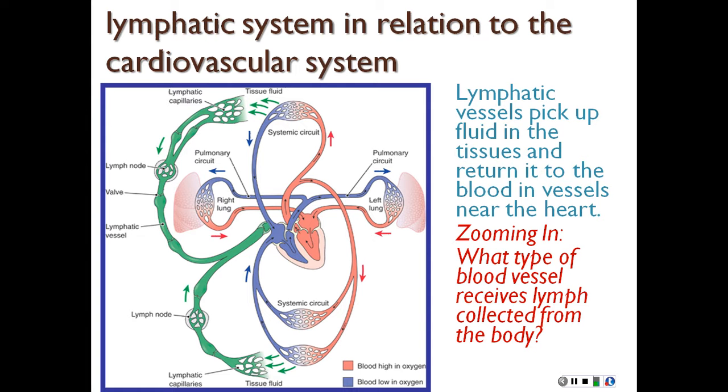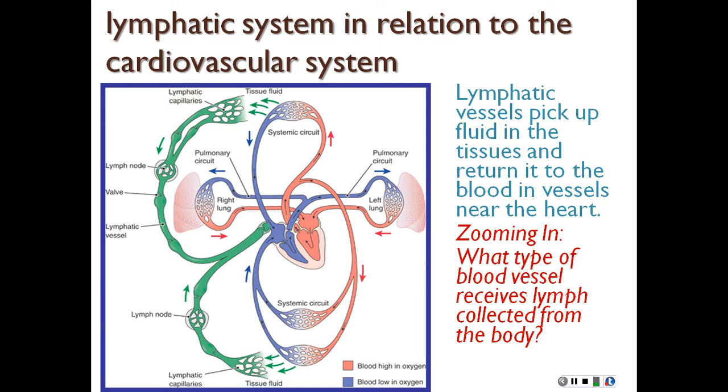Okay, so when you look at this picture, obviously you have the circulatory system. You see the reds and the blues and the greens. So the reds obviously are what? When you see red, that means, for the most part, arteries, but not really.